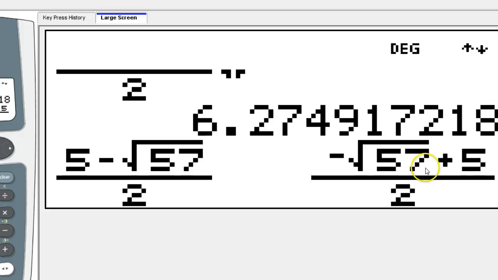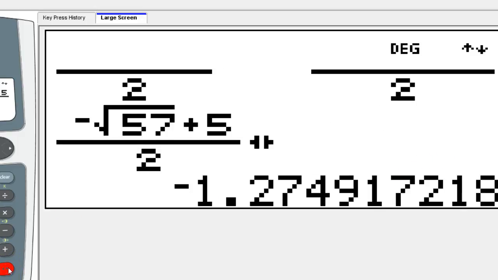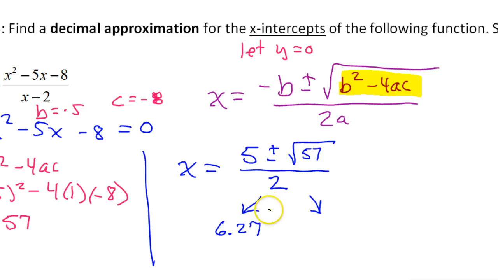Again it switches it around first, but I'll just toggle it. So that gives me negative 1.27. Of course I could have just typed it in again with a negative.